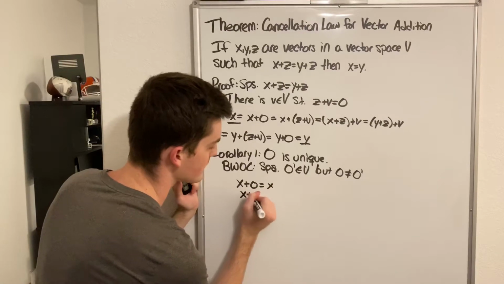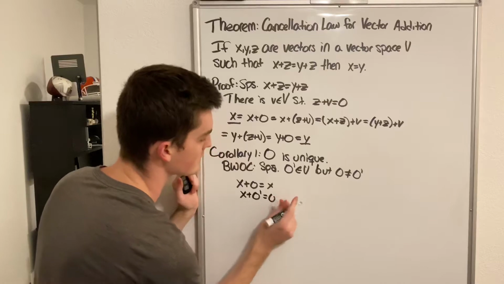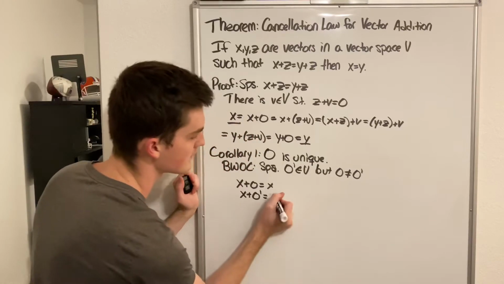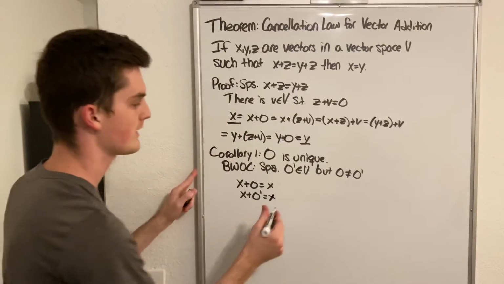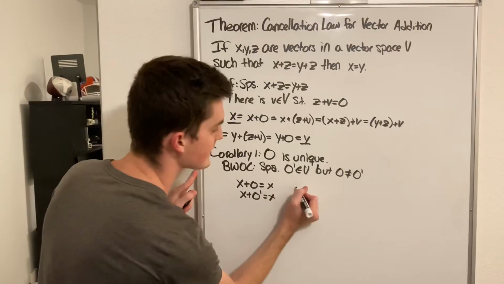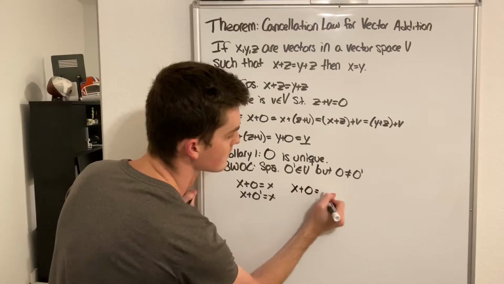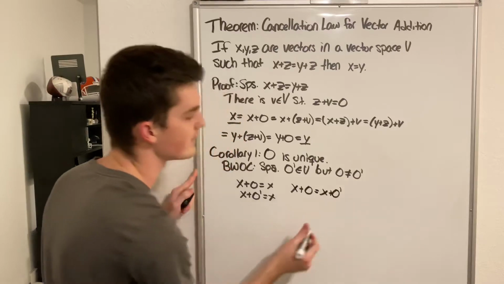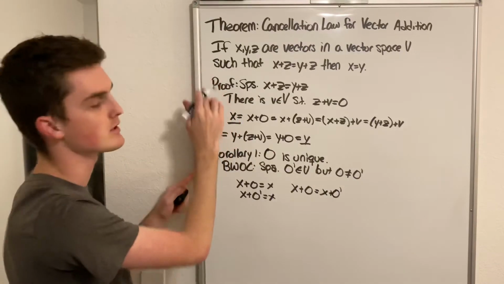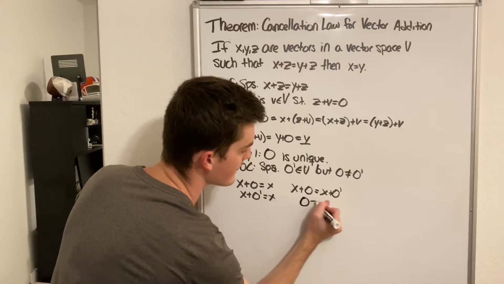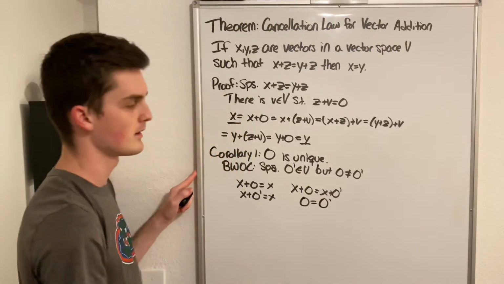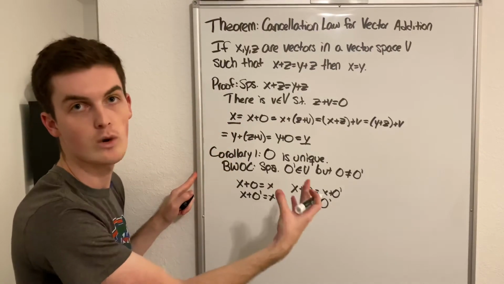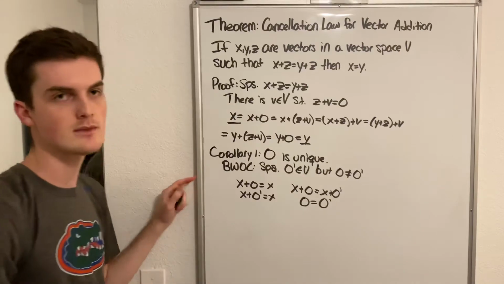And x plus 0 prime equals x. Well, those are the same, so we can say x plus 0 equals x plus 0 prime. But by this theorem, 0 then equals 0 prime. But this means there is only one unique 0.